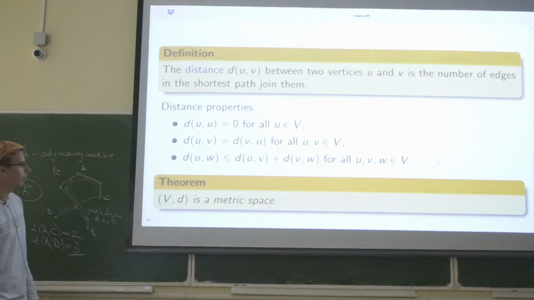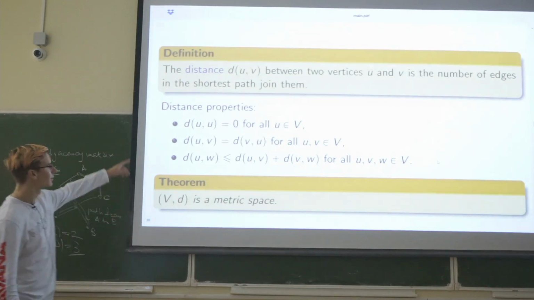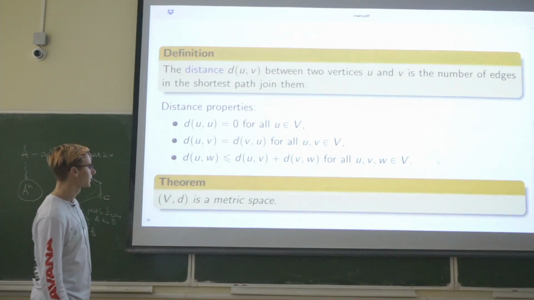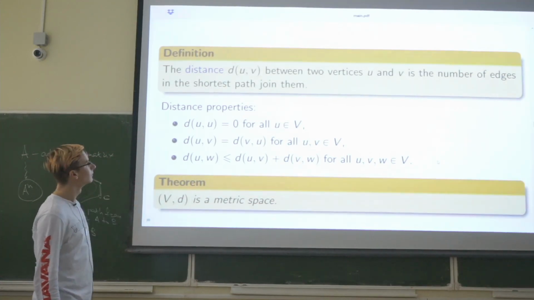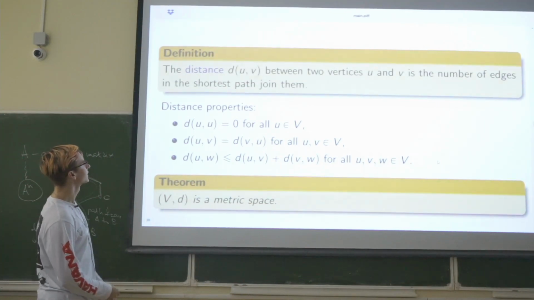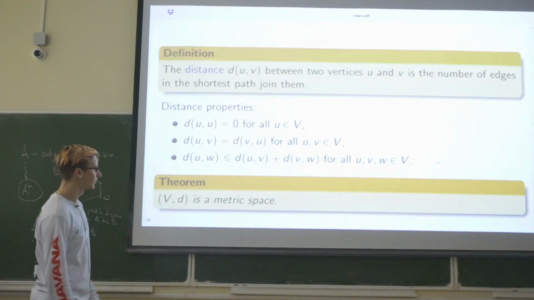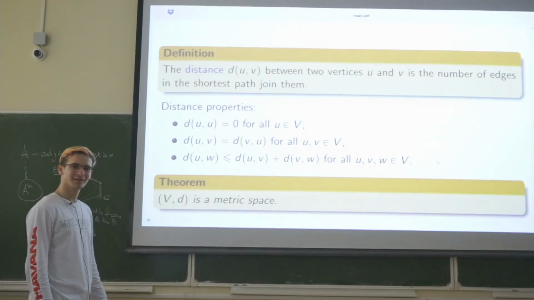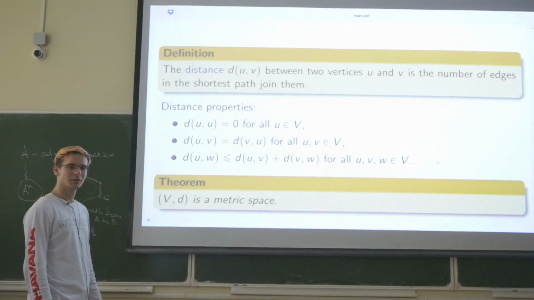Yeah? And there are 3 properties that say that distance between vertices, this function, is a metric space. Do you know what is a metric space? Yeah, that's the question. Why? You mean the definition like in calculus?